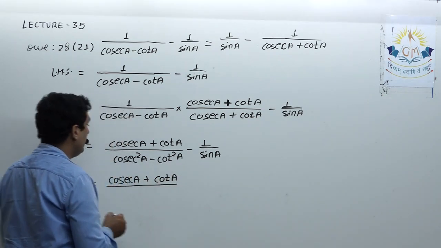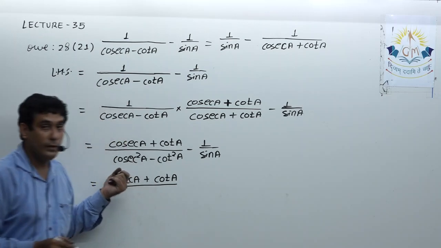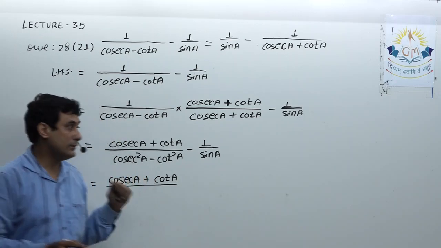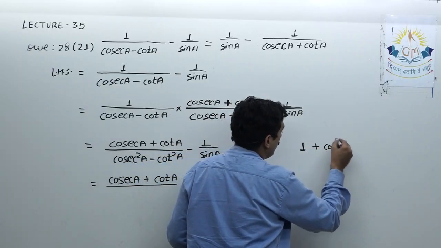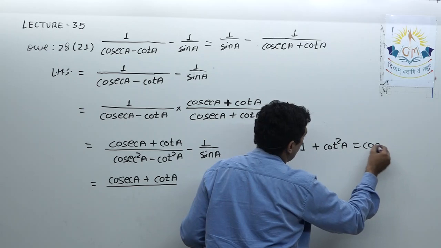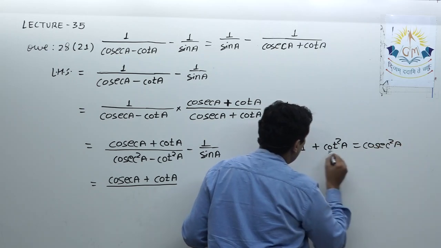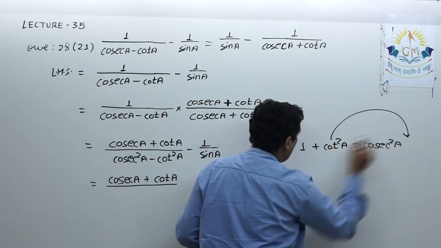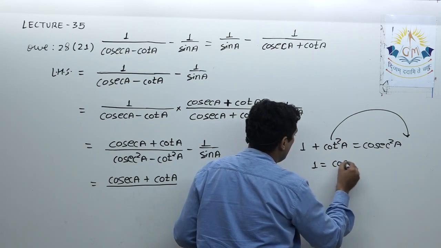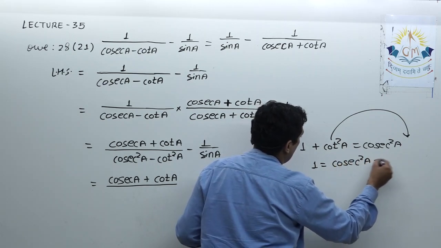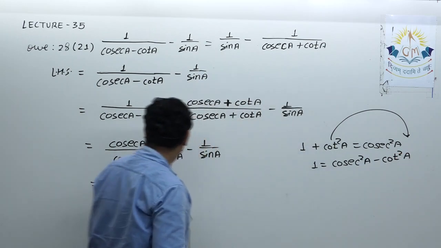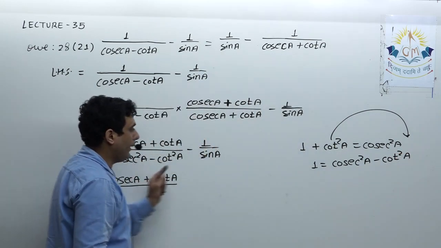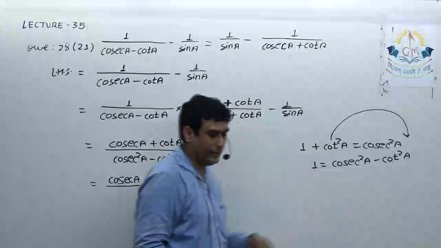In the denominator, now here there is an identity that must click for you. The identity is 1 plus cot square A is equal to cosec square A. So if I take this on that side, I will get 1 is equal to cosec square A minus cot square A, isn't it? So simply in place of cosec square A minus cot square A, I can write 1.